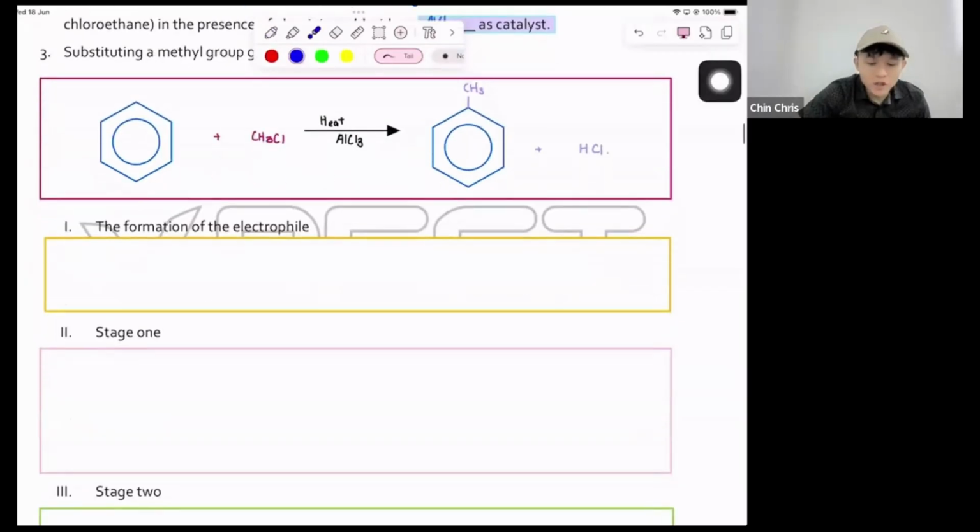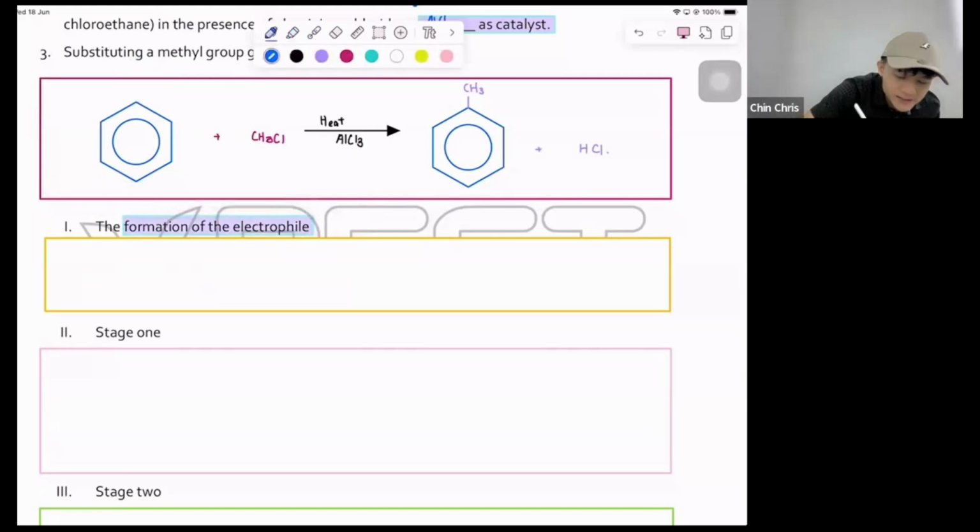All right, so let's go. Guys, whenever you're substituting anything in the benzene ring, the reaction is always electrophilic substitution. Your first step is always generation or formation of an electrophile. Let's say this is the electrophile I'm forming. I have CH3Cl, a chloroalkane, chloromethane, and I add AlCl3.